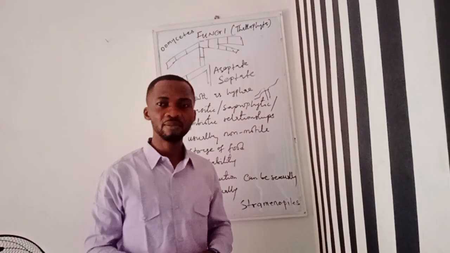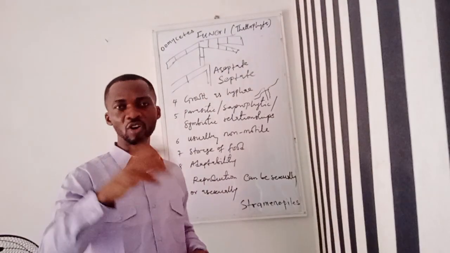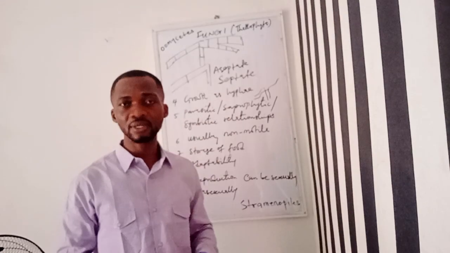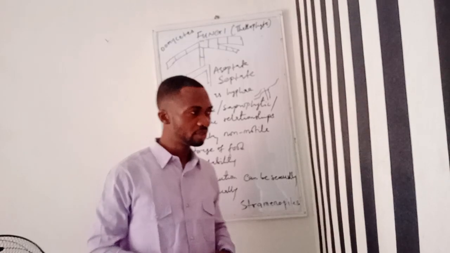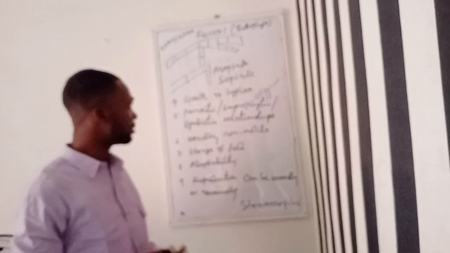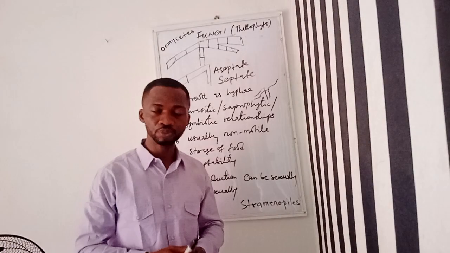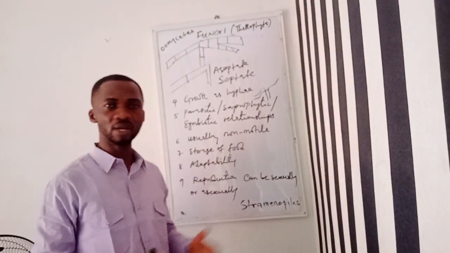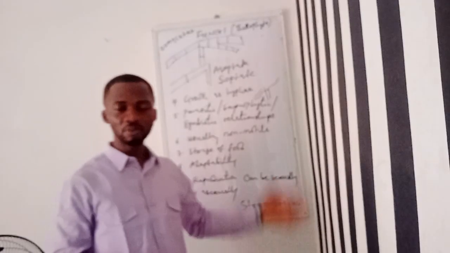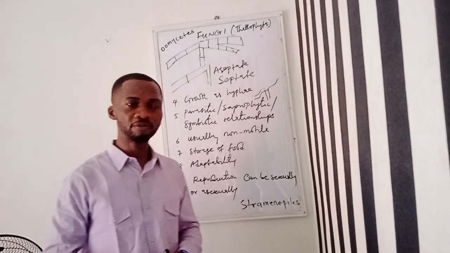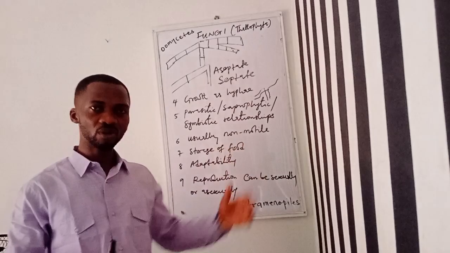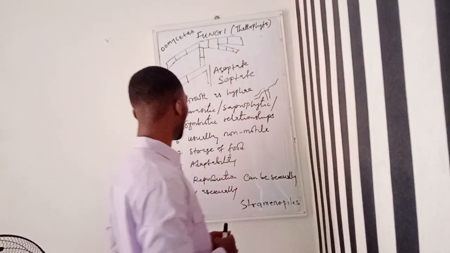We can see this in Saccharomyces cerevisiae, the common yeast, which has just a single cell. But if you look at members like Rhizopus or the mushroom, you discover that they have many cells. So some fungi are unicellular, having a single cell, while some are multicellular.